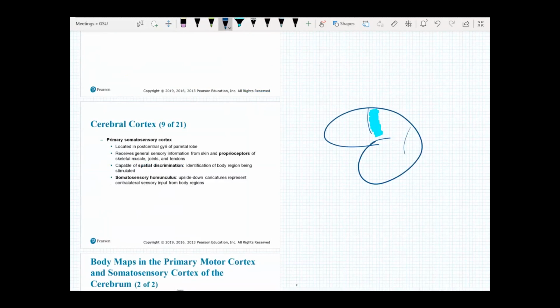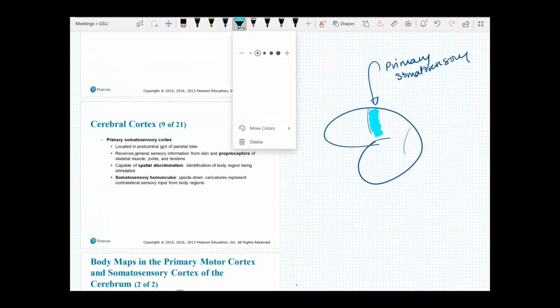So this is our primary somatosensory cortex, on the postcentral gyrus, just on the other side. This is where we'll be receiving information from our proprioceptors, from our skin, our joints, our tendons. It's where we essentially are touching items. So this is where we'll have touch.